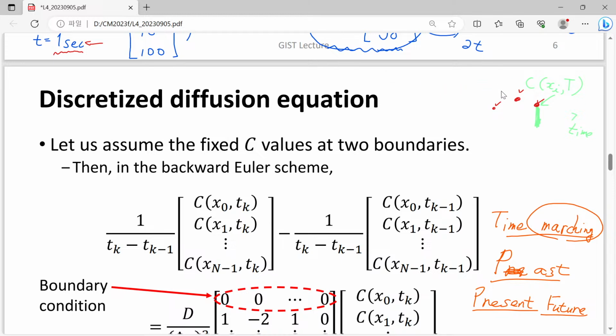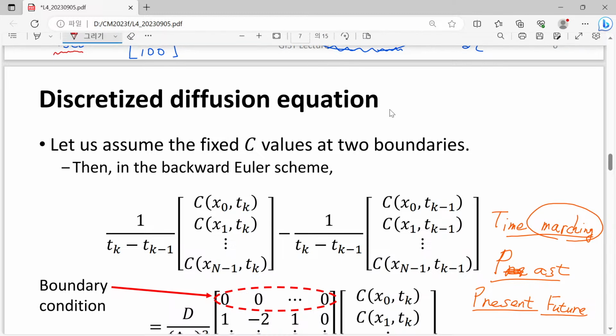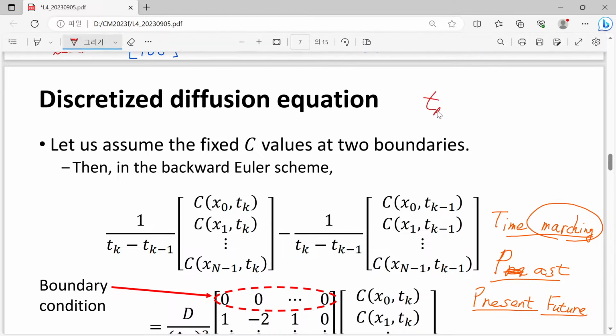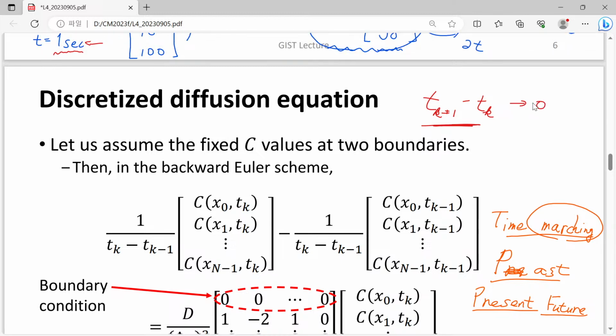That sounds a little bit disappointing, but please note that all of these time marching schemes have a common feature: if you take small time distances, and this goes to 0, then every scheme gives you a good enough solution.